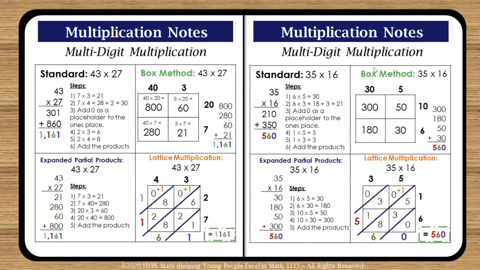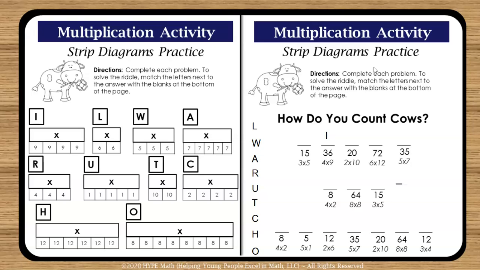So going through, here are the notes. Here is the first activity, and there are a few activities in this notebook. It's chock full of practices and activities for students to practice, because we know practice makes what? Better. So here we have for our multiplication activity a strip diagrams practice.